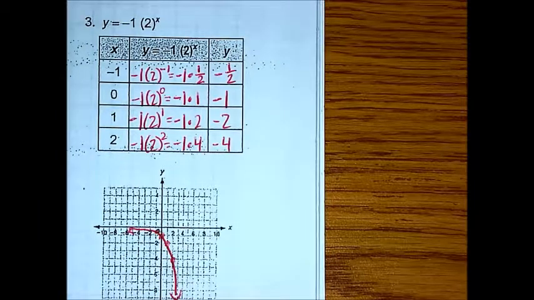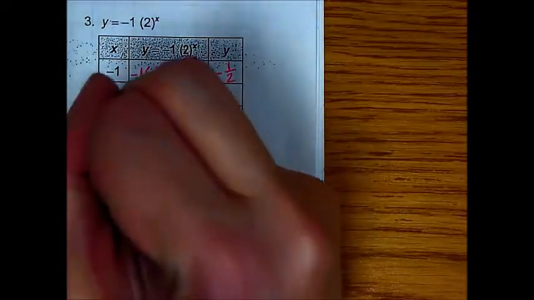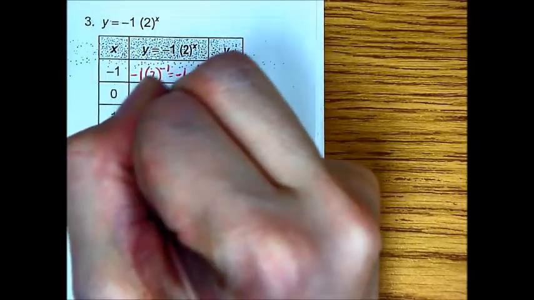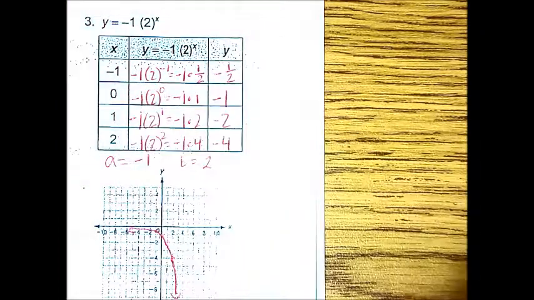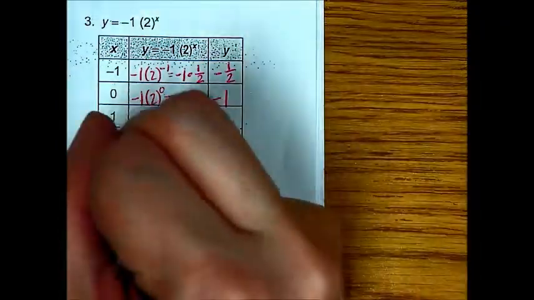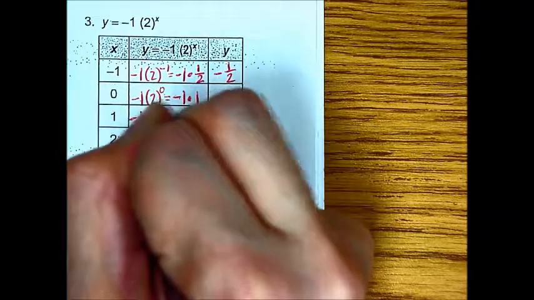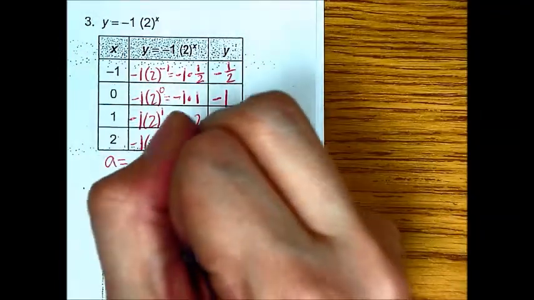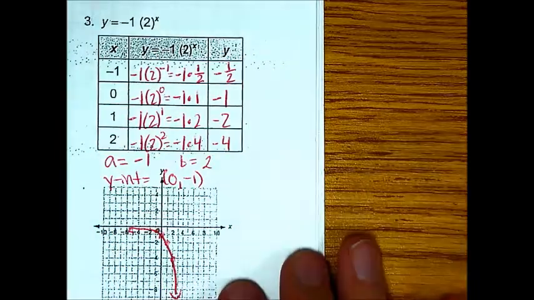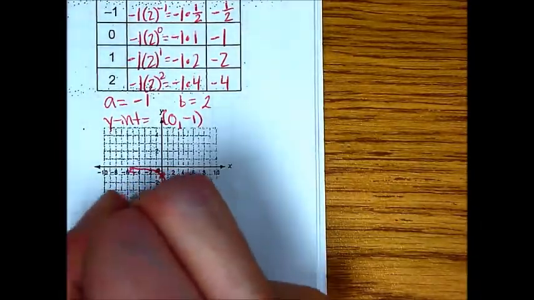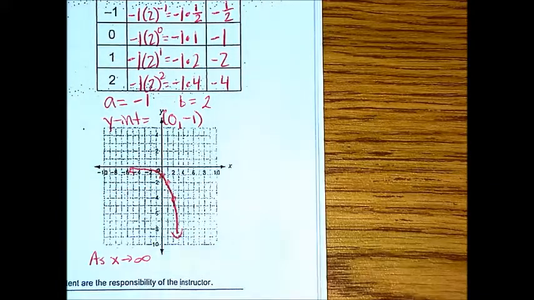Ever. Okay, can you list A as negative 1? B is 2. Y-intercept is always the same as A, so it's going to be 0, negative 1. And then can we describe end behavior? As x approaches infinity, that's your right end.